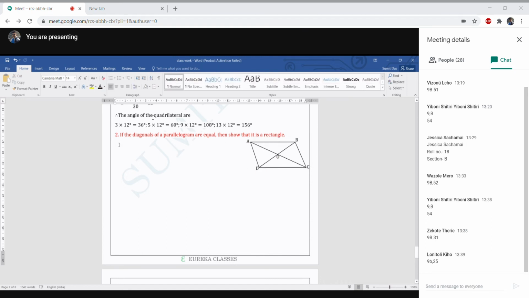Okay, so what is the given? Let me write the given part. Given: ABCD is a parallelogram.